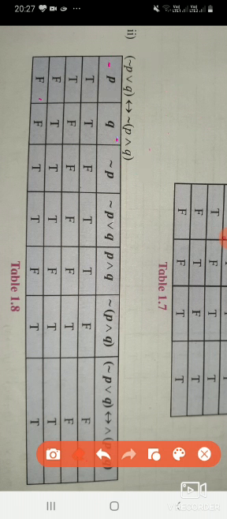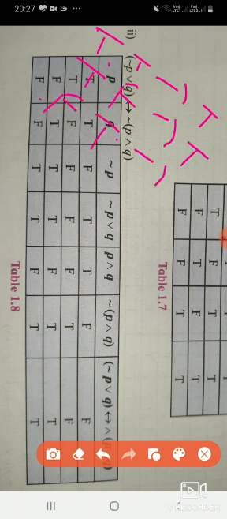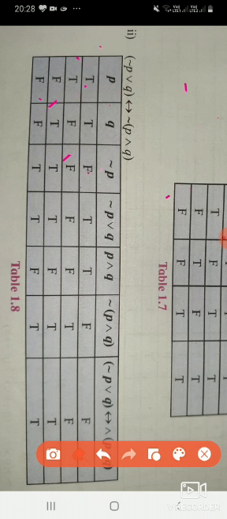The OR table: if both are true, then it is true. True and false is also true. False and true is also true. If both are false, then it is false. Using the OR table, both false means false; otherwise in the rest of all cases it is true.